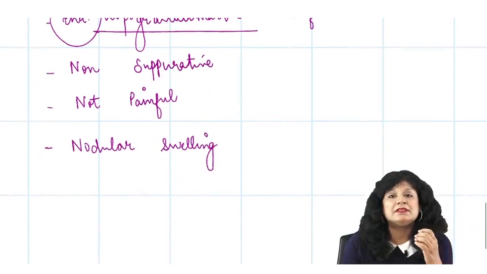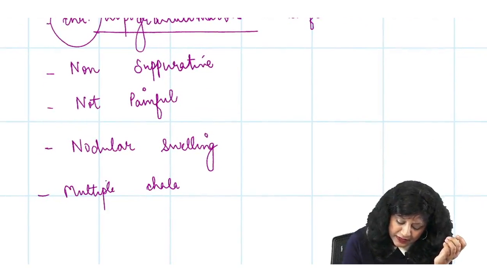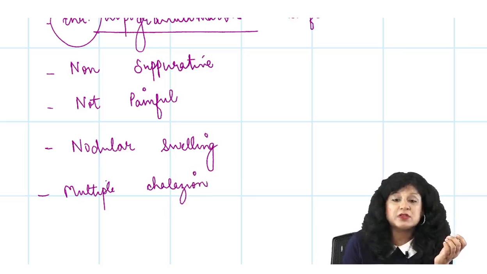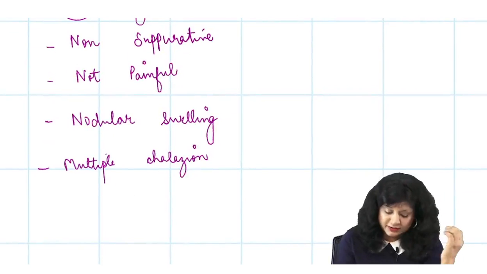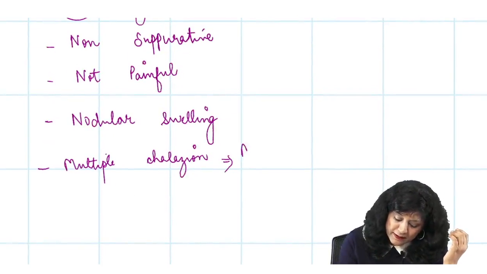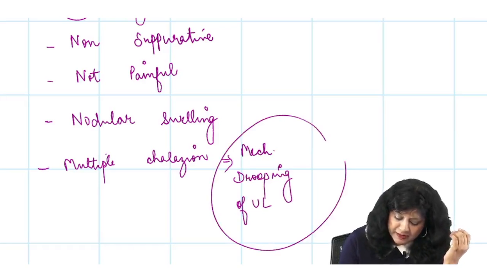And what happens, sometimes you can have multiple chalazia. Due to these multiple chalazia, there can be dragging of the eyelid. So this can lead to mechanical drooping of the eyelid, called mechanical ptosis.